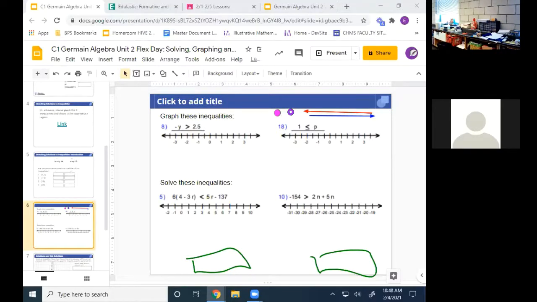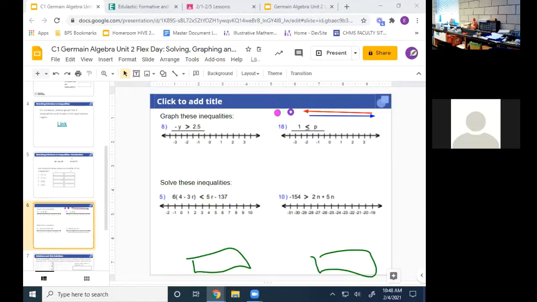Okay, we're graphing these guys. I love graphing inequalities. They're so much fun. I'm graphing this first one here. It's negative y is greater than 2.5. First of all, can we graph this the way that it's looking?